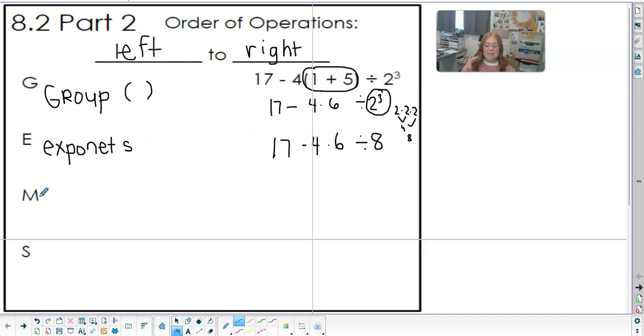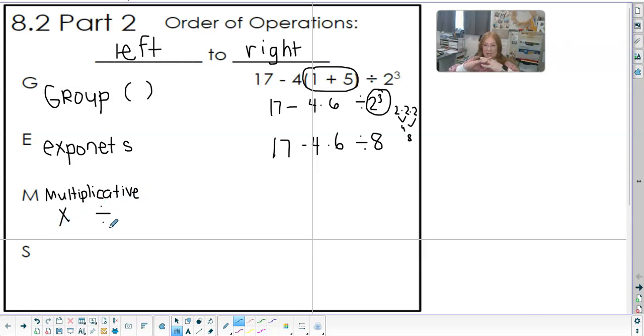So now M stands for our multiplicative operations. Multiply and divide. So M is our multiplicative. Sorry, I'm writing with a mouse. Multiplicative operations. So we are going to times or divide.